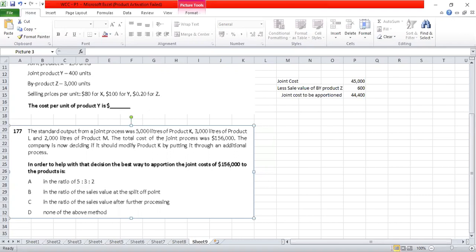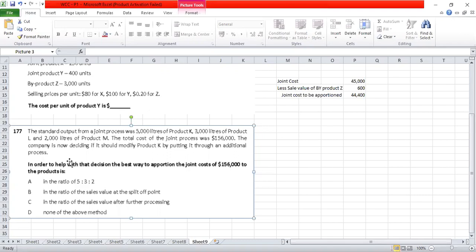If the question is directly asking us, in order to help with that decision, it is not a straightforward question. To arrive at a decision, in what way are they connected? They are not connected at all. That is a decision which has to be taken up later on.